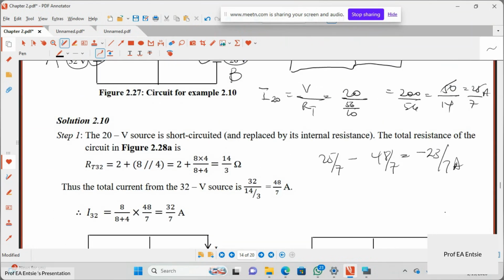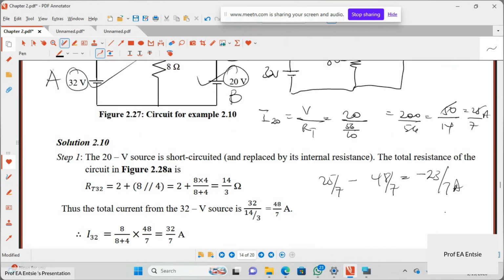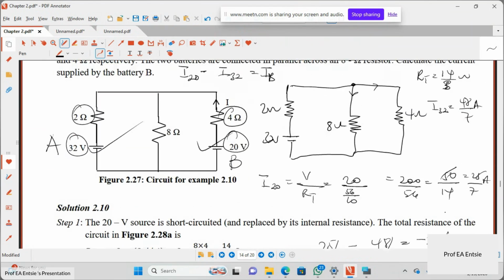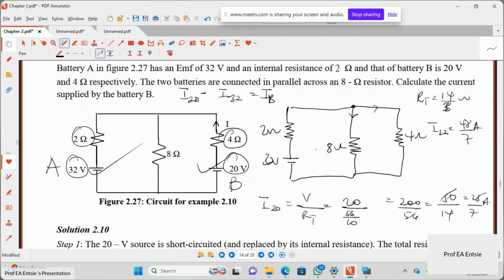Are we okay? Yes. So let me check. 32 out of 12 is 8 out of 3. Series 2, 14 out of 3. So that's the total resistance. 14 out of 3 is here.